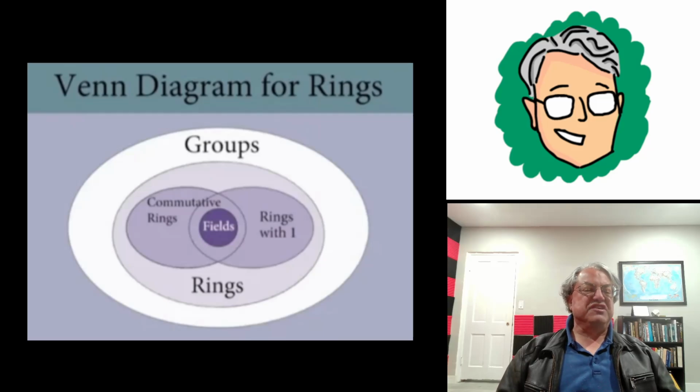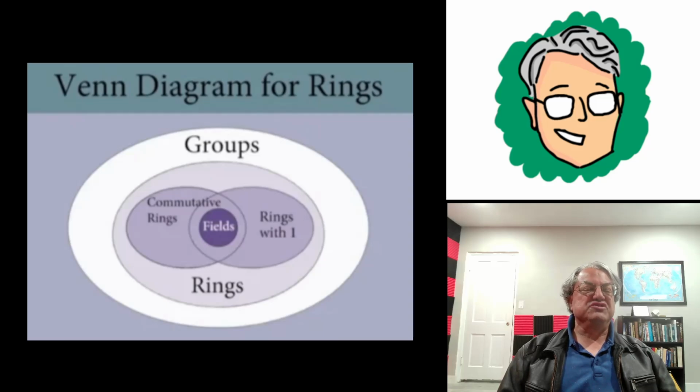So we got groups on the outside, and I don't know if I quite like how they put groups in here, because I don't really think of rings as a subset of groups. I mean, rings are a special type of group. They're groups with respect to addition. They're abelian groups with respect to addition. I guess in that sense, they are a subset of the set of groups.